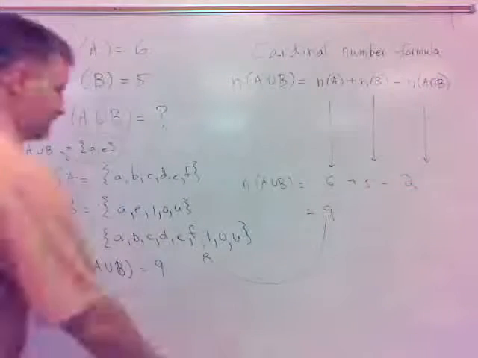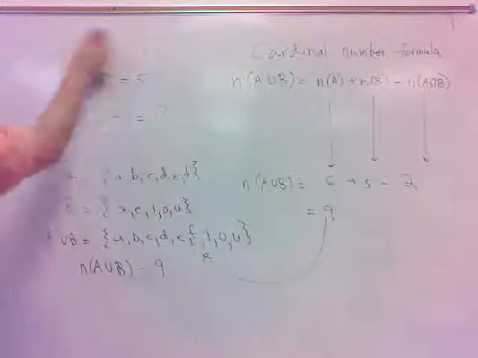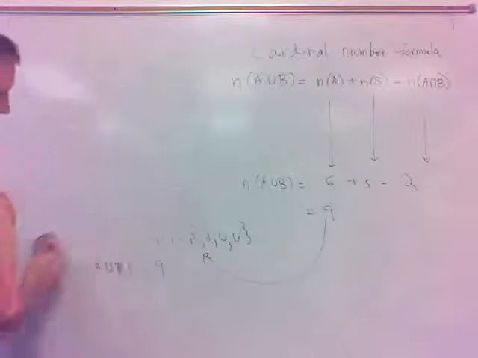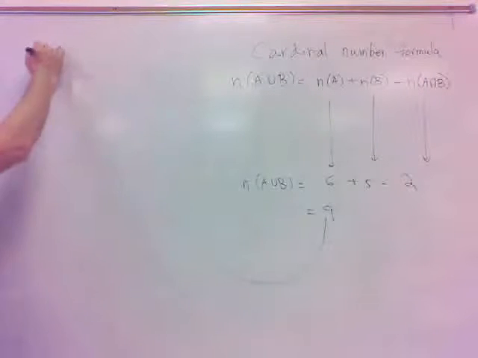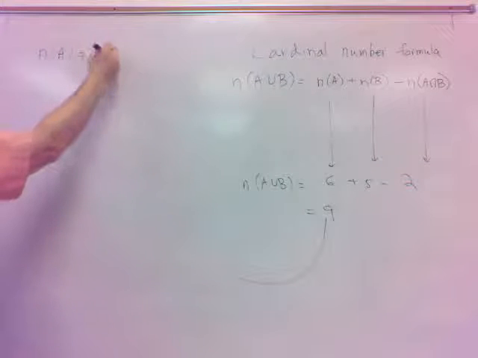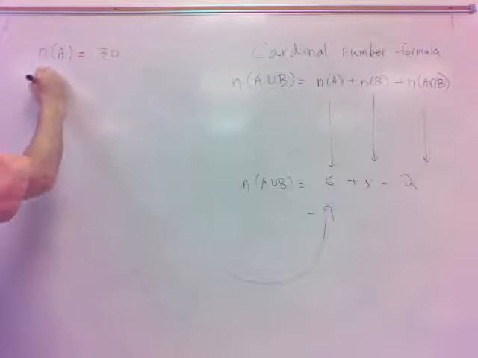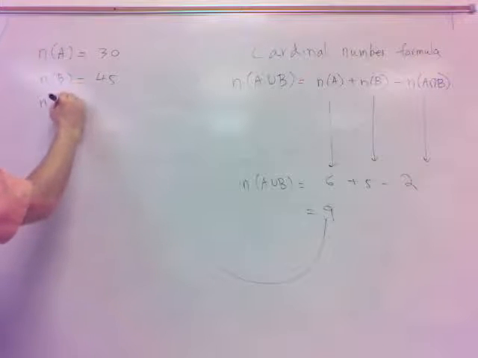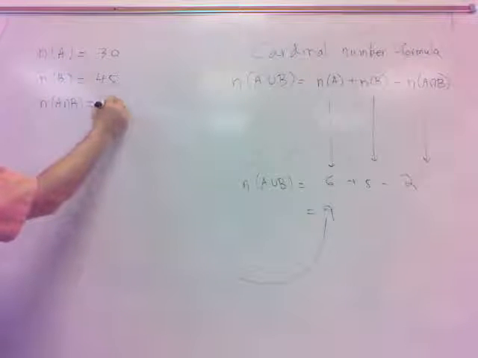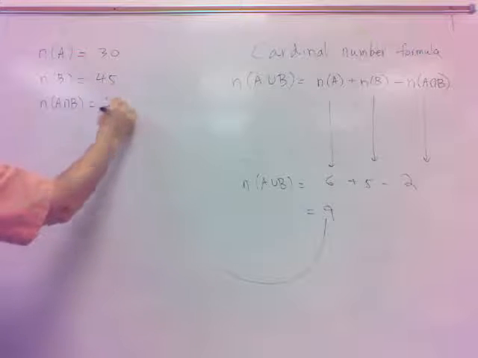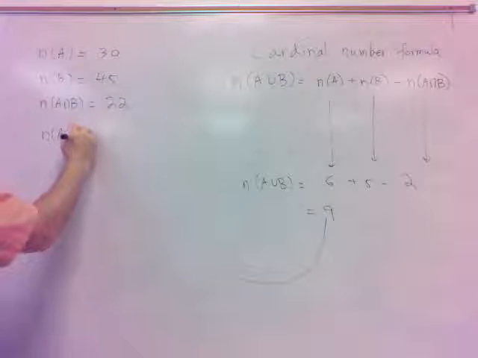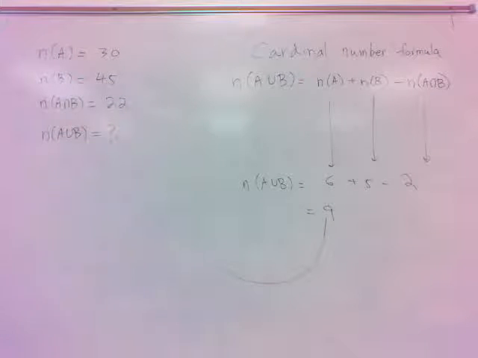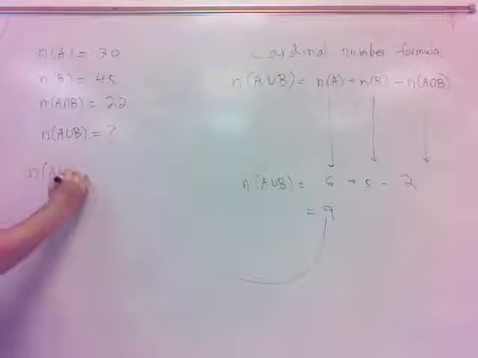For another example, if I had the number in A is 30, the number in B is 45, and the number in the intersection, A intersection B, is 22. Could you tell me how many are in the union there? Sure could, because the number in the union, how would I do it?